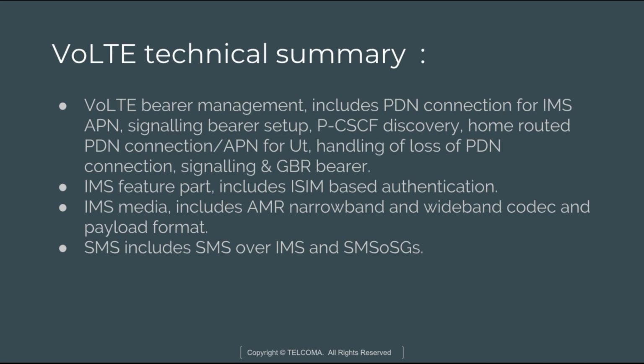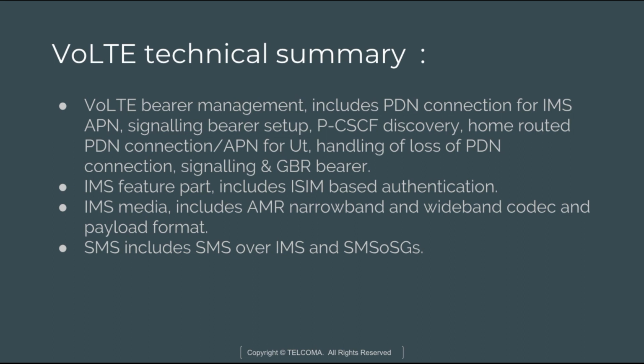So the VoLTE bearer management includes PDN connection for IMS APN, signaling bearer setup, P-CSCF discovery, home routed PDN connection, APN for UT, handling of loss of PDN connection, signaling and guaranteed bitrate bearer. IMS feature part includes ISIM based authentication.